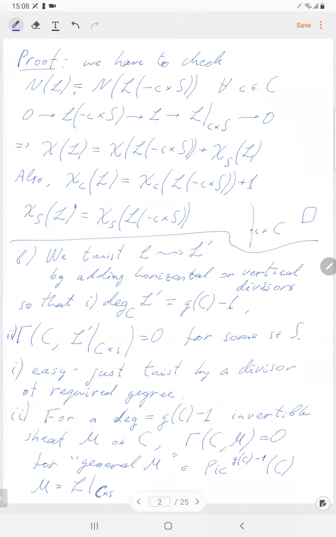Okay, so when I say general M, that's what I mean. We have this algebraic variety, abelian variety, or torsor of this abelian variety, and for an open subset, the global sections vanish, and that's what I can achieve for the second part. So let me explain this.